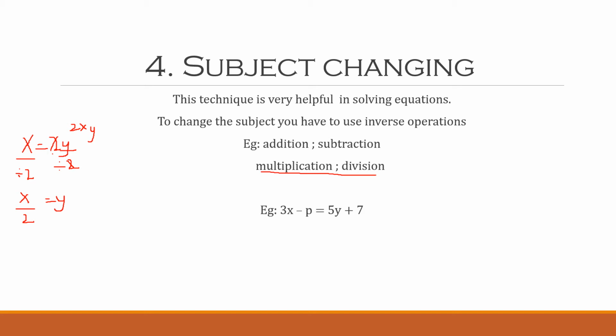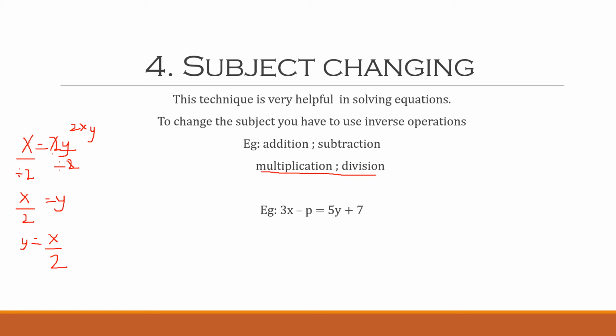Now preferably you would like to put the variable which you have isolated on the left side of the equation. So here we will write it in this manner: y is equal to x upon 2. I have an example here for more practice. 3x minus p is equal to 5y plus 7.